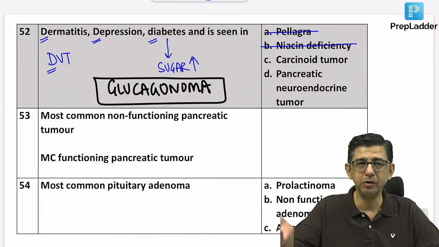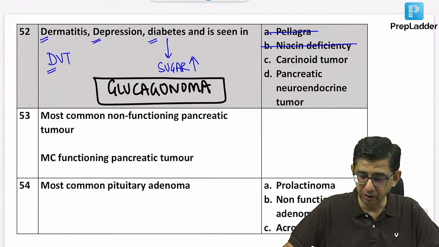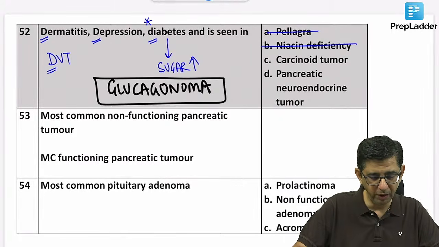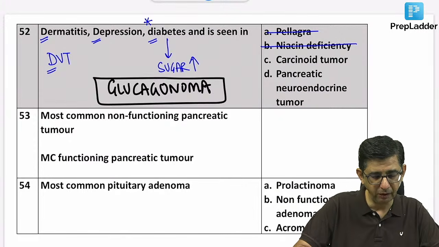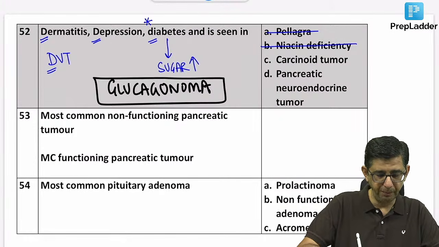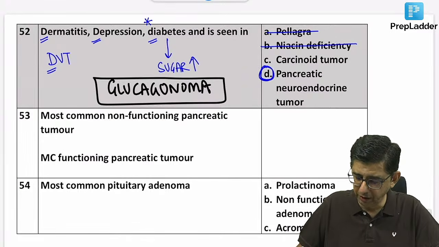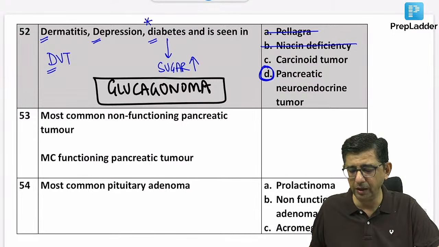Here there was no mention of any dementia. Here the main feature was diabetes. That's the word that I expected you guys to pick up, and that would help you in analyzing this correctly. So subsequently, when I did a course correction, everybody was able to get to the correct answer. The answer here would be option number D.